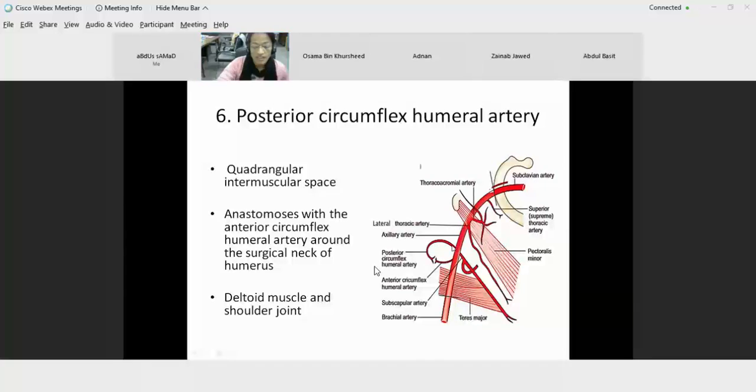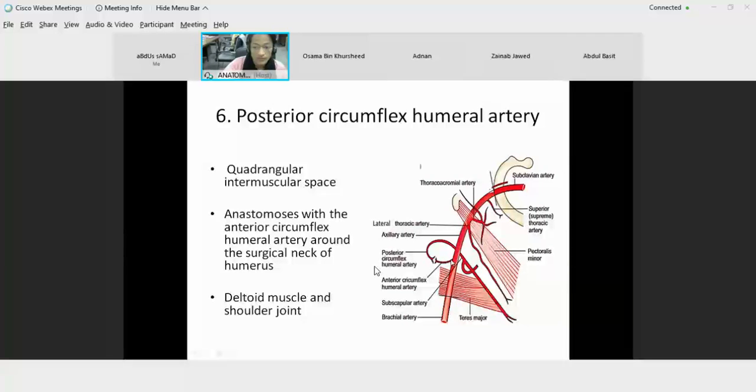Out of the three spaces, this posterior circumflex humeral artery is passing through the quadrangular space at the back, and it winds around the posterior aspect of surgical neck of humerus to anastomose with the anterior circumflex humeral artery.